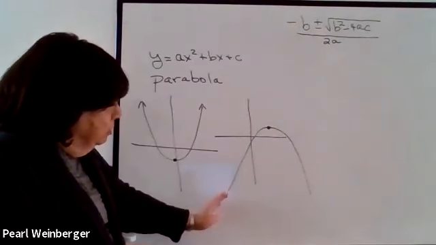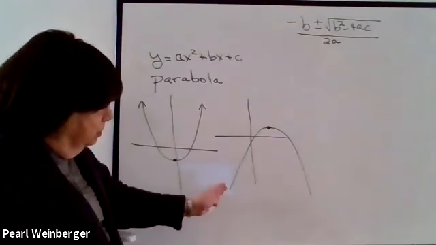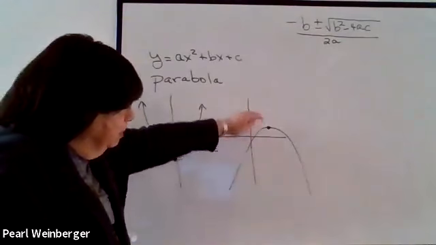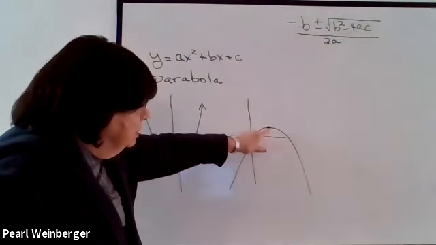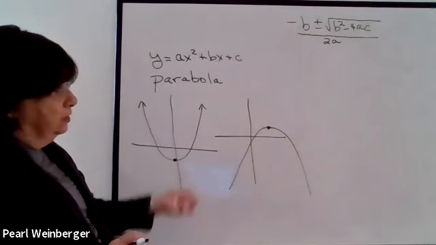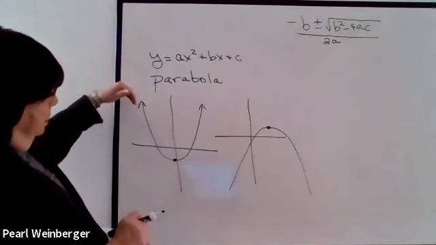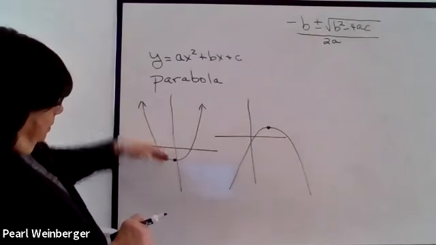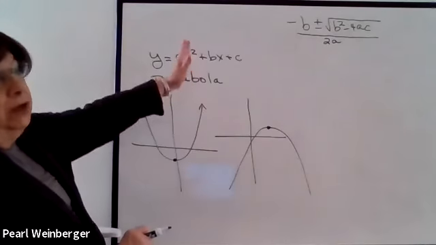If you're traveling along this graph, let's say going up a hill, up the hill, up the hill, you get to this point, and now you're suddenly going down the hill. This is sometimes called a maximum point. It's the top of the hill. Or if you're going this way, first you're going down, down, down the hill. You get to this point, you're at the bottom of the valley, and now you start going up.